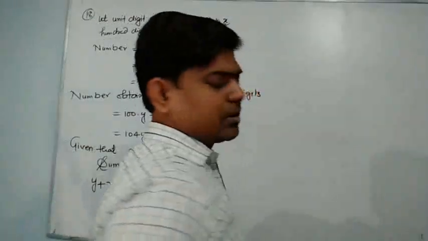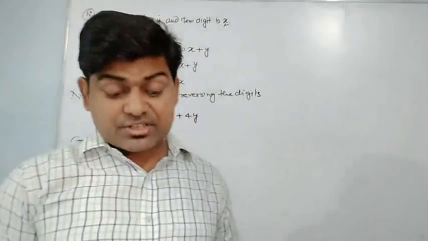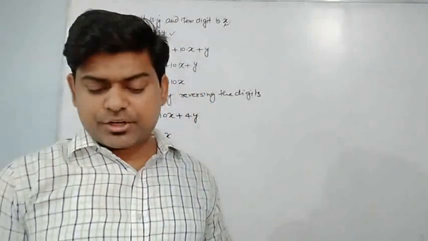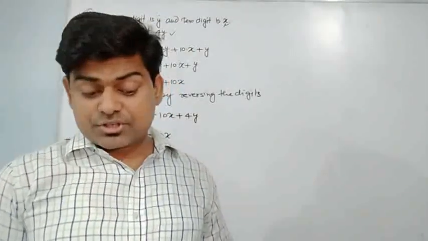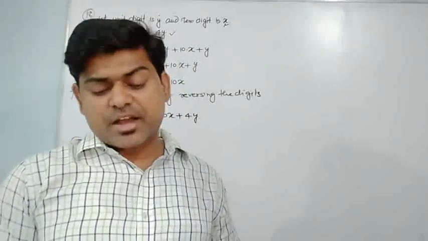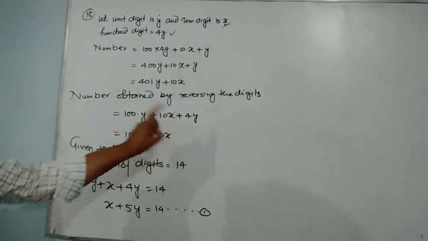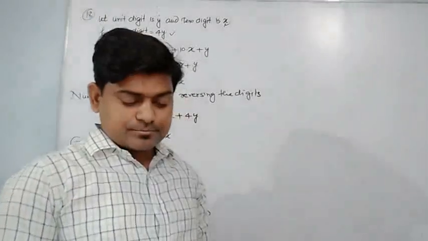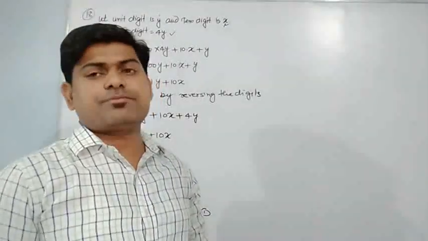What has been given? The next line says the number obtained by reversing the digits is decreased by 594. Again I am reading the question. If the 3 digits are written in reverse form, then the value of the number is decreased by 594.